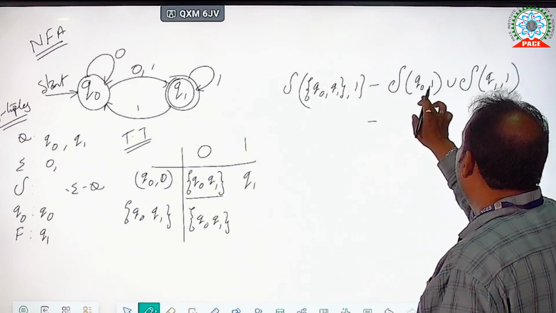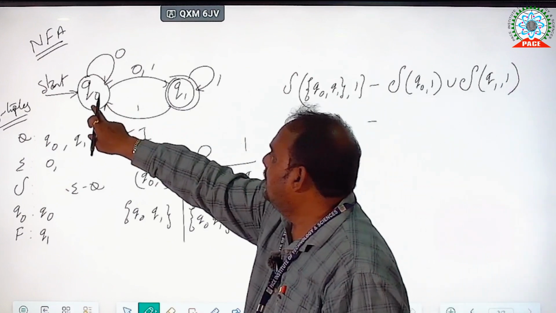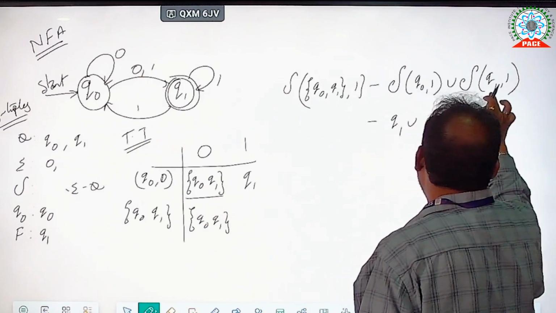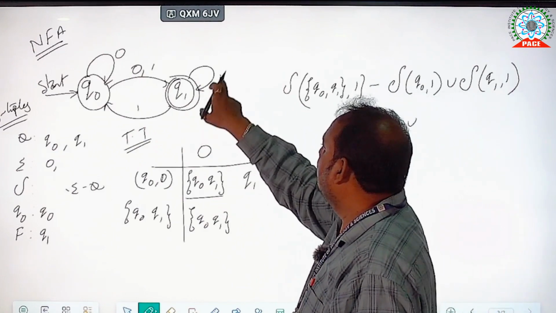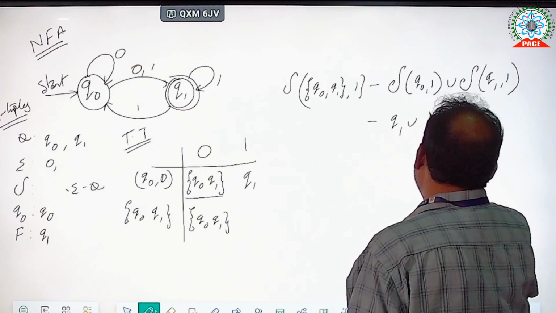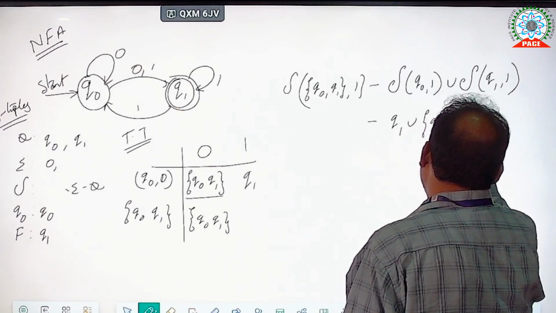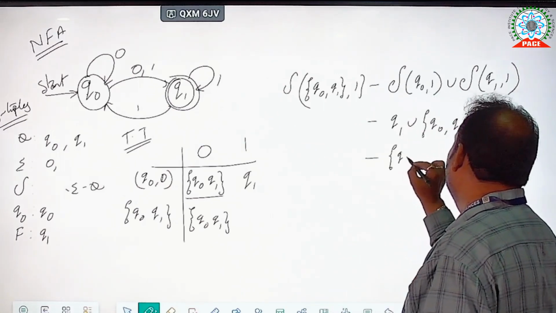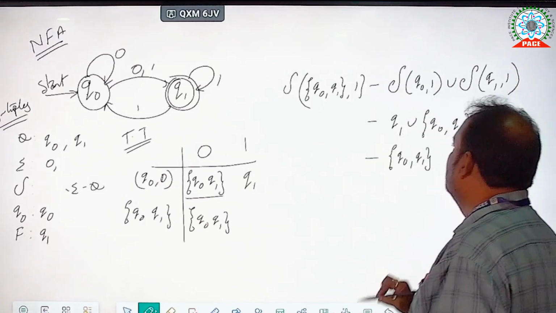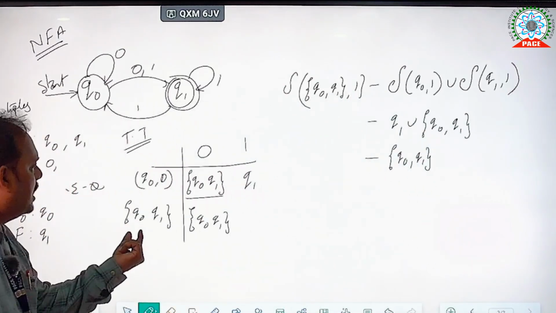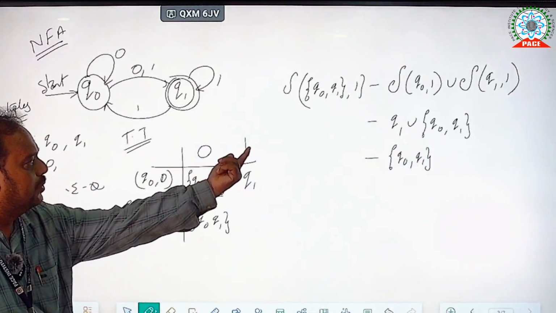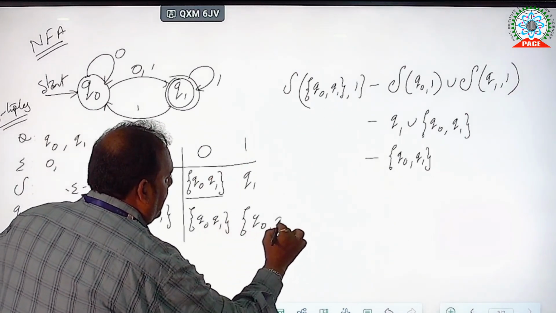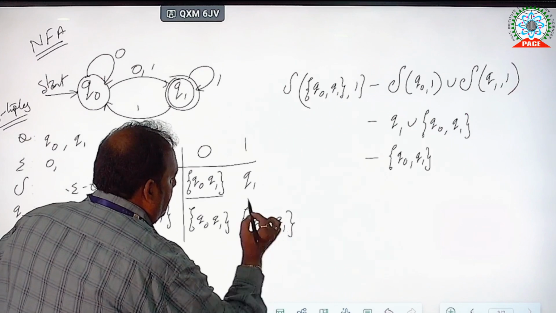Next, Q naught on 1 has the Q naught 1 transition that reaches Q1, union of Q1 on 1. Q1 along with the transitions, two transitions are there, that is Q naught comma Q1. So the union of Q1 and Q naught Q1 is simply Q naught comma Q1. It means that Q naught and Q1 along with the input transition 1 reach these states, Q naught comma Q1.